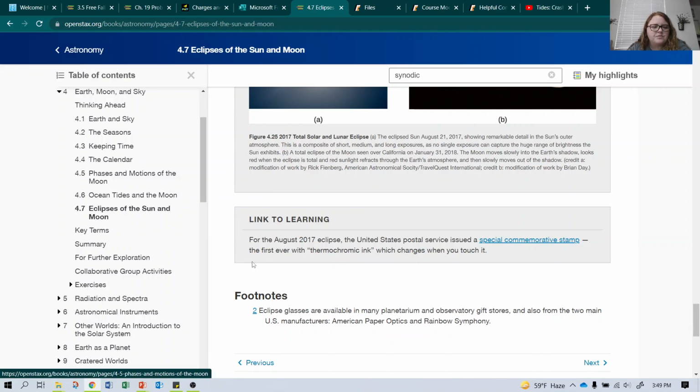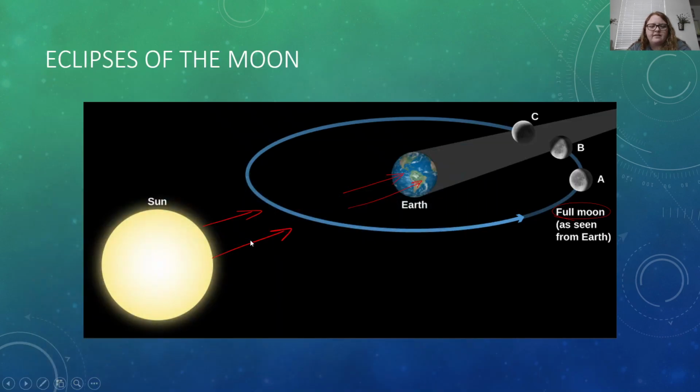No. Okay, I'll have to look into that. But there is some cool interactives that I will post. That way you can kind of play with this. The idea of the lunar phases and the eclipses. That way you can kind of get that hands-on experience to really understand those concepts.